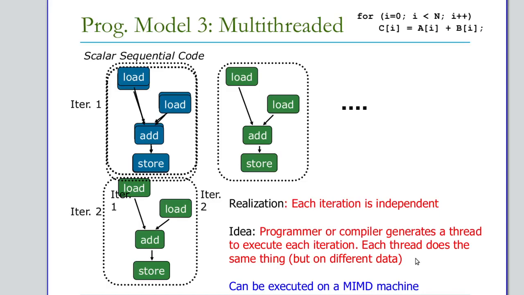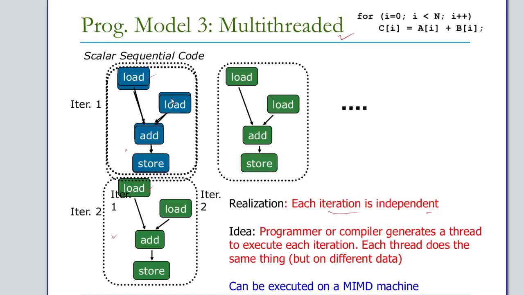Now let us see something about multi-threaded organization. We understand that each iteration is independent. Iteration 1 is independent of iteration 2. What is changing? The same set of code is there, just the data is changing. Here we are loading A1 and here we are loading A2, suppose.